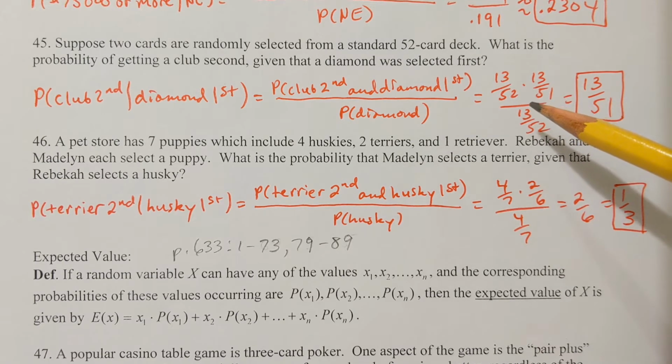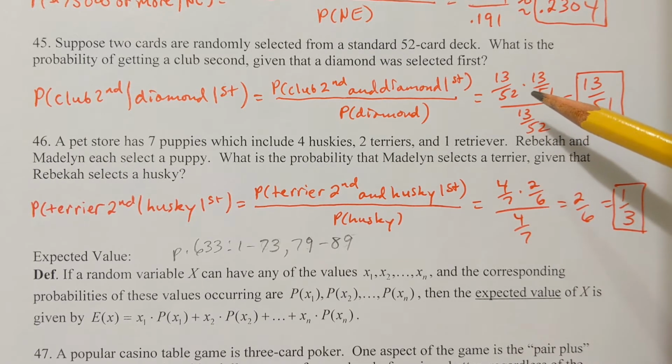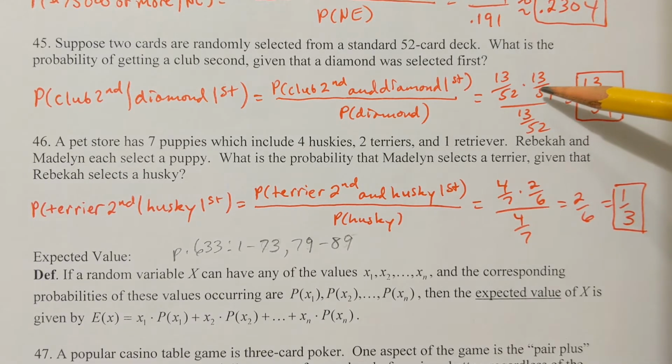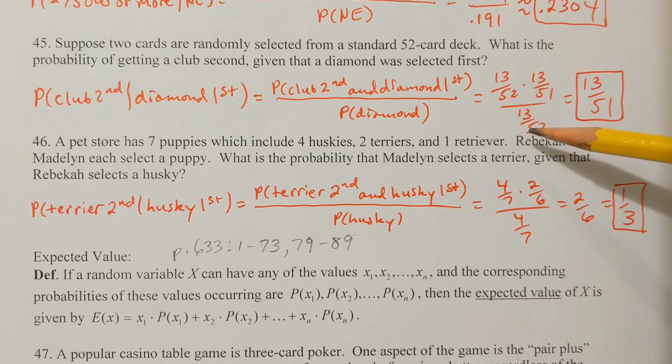Now you've already selected one card that is a diamond, so there's going to be 51 cards left in the deck. All the clubs are still there, all 13 of them. So I'd multiply by 13 over 51. The 13 over 52s are going to cancel, leaving you with 13 over 51.